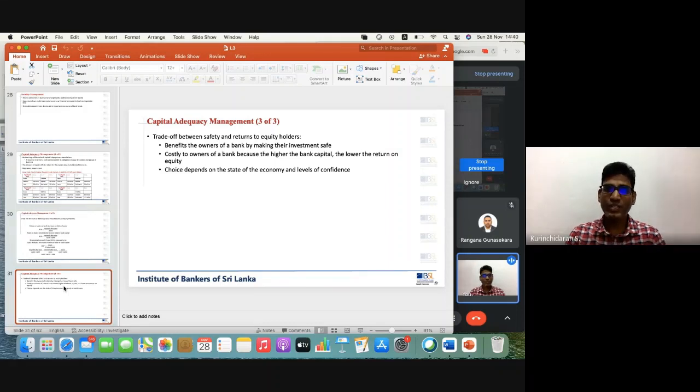That depends on the state of the economy and the level of confidence. Every time, the bank should think about what level of confidence customers have in the bank. If it's low, one way to improve confidence is having higher capital.